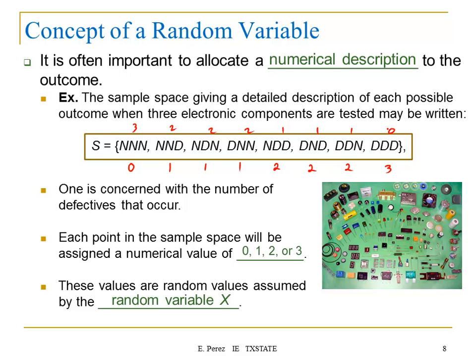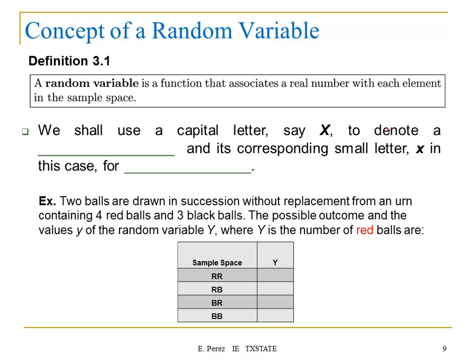Okay? The next slide. So a random variable is a function that associates a real number with each element in the sample space. And that is what we just did for that sample space. Okay? So we shall use a capital letter, X for instance, to denote the random variable, and its corresponding small letter, x in this case, for one of its values.